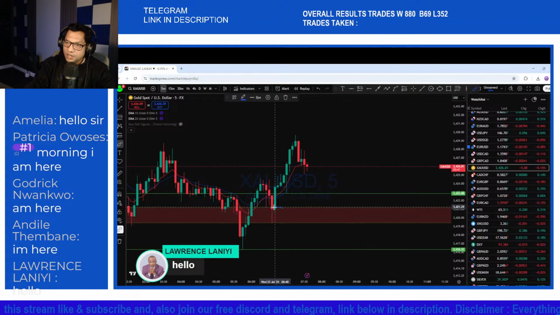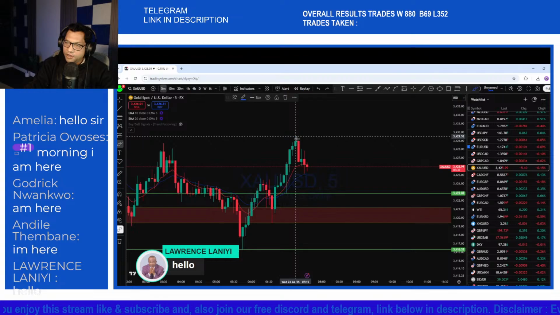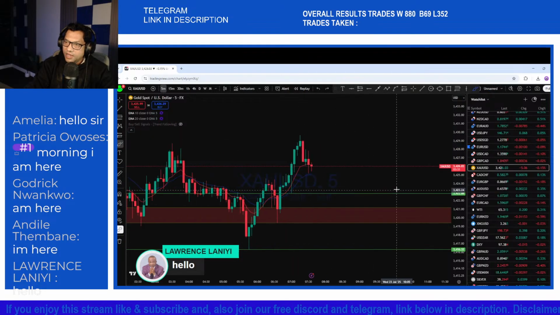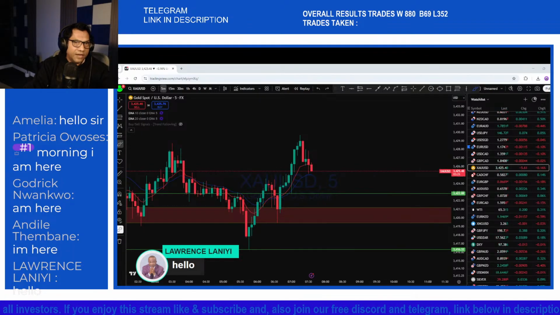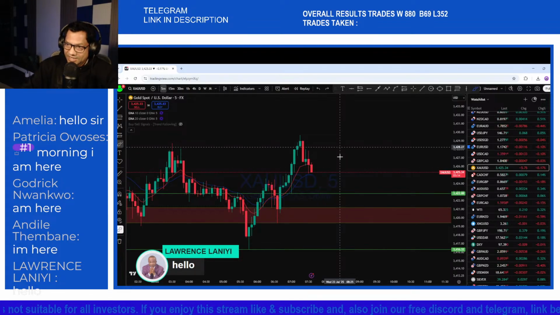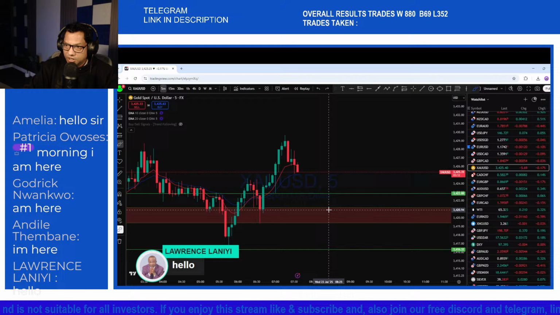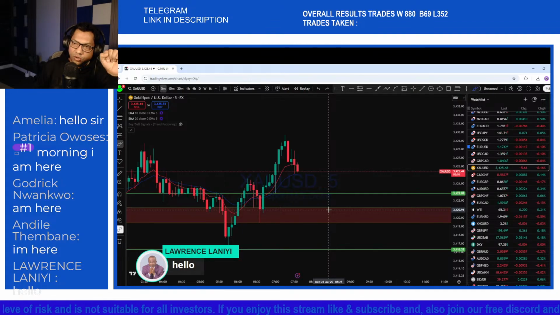So this is the impulse here that you can see on gold, which is a pretty sharp move, followed by now it's on a pullback, and from that pullback expecting the same kind of structure to be created and then to bounce back to the upside to create a new higher high. And that is the entry that we are looking at on gold. Let's see where the market is settling here, and then we can look for that entry opportunity. This is the 4 hour chart support, and we are looking at the 5 minute to find an entry.